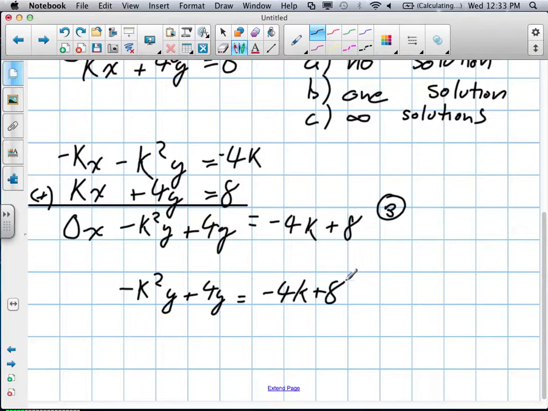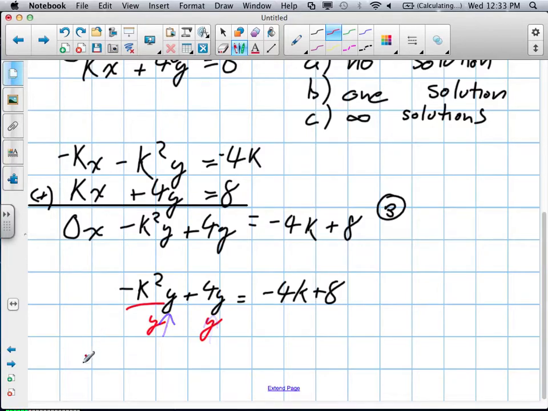Now, we're going to get into factoring here. We're going to factor these terms and try to make them as simplistic as possible, specifically the variable k. If you look on the left side of the equation, we have a common factor of y. Okay? So what we're going to do is we're going to take y, or divide each of these terms by y, and make it the common factor.